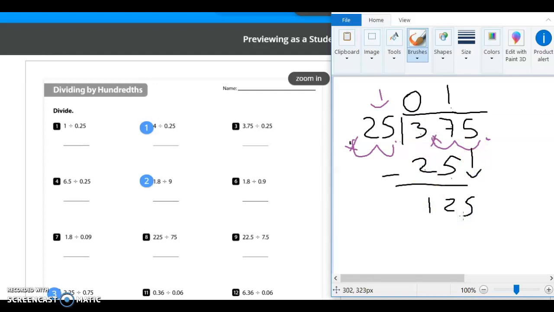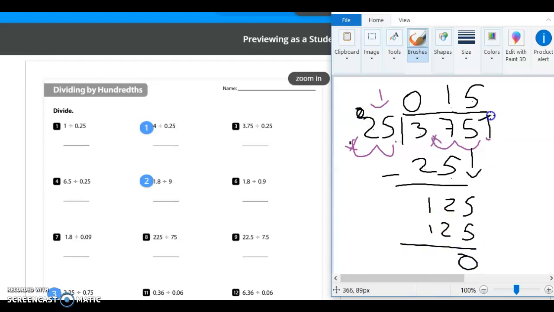And again, thinking of quarters, I know that 25 cents, if I have 5 quarters, I have $1.25. Or how many quarters does it take to make $1.25? 5. So I'm going to put my 5 there and multiply. 5 times 5 is 25. 5 times 2 is 10, plus this 2 is 12, and I subtract it and get 0.